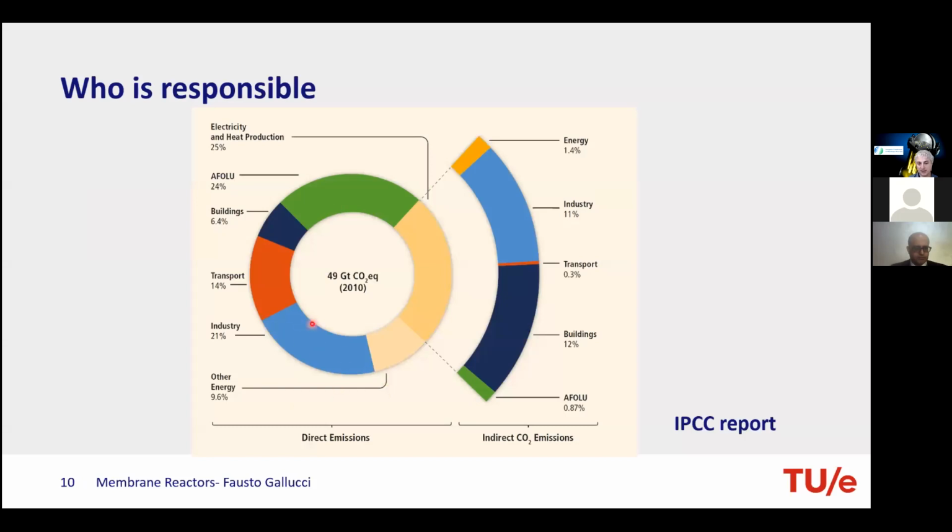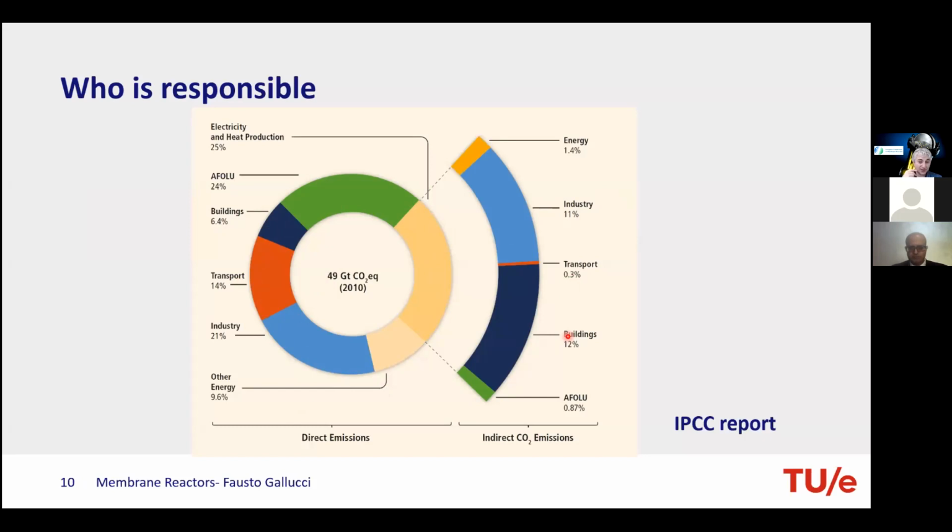Another one is industrial production. Another part is transport. And then there is electricity and heat production. And this heat and electricity production, if you zoom in, of course, you produce electricity again for industry or for transportation, for buildings. So you have these 4 parts that contribute to the CO2 emissions.